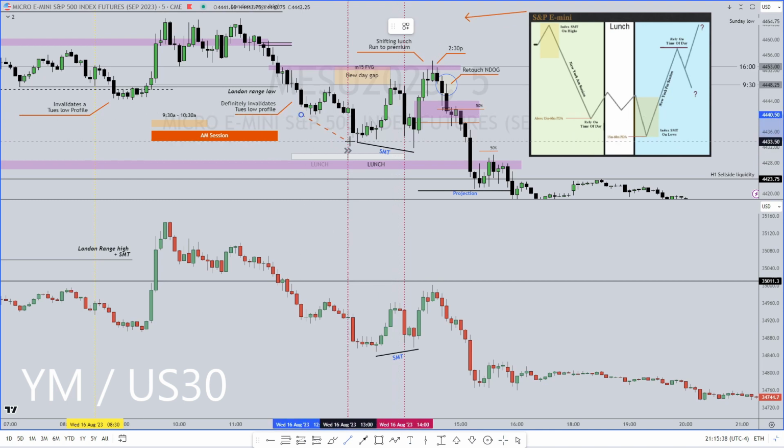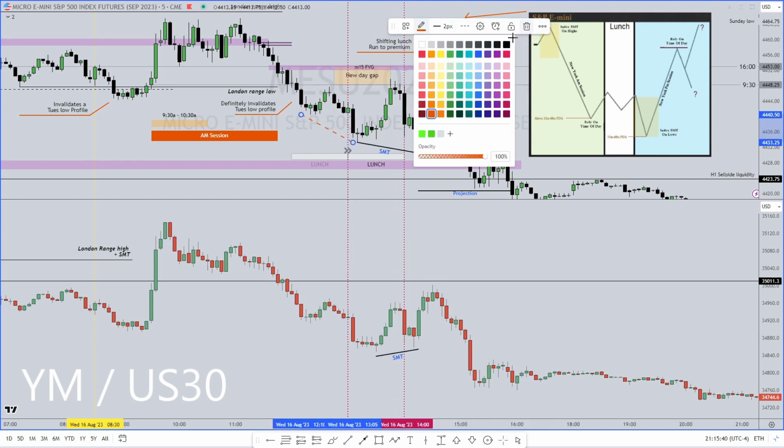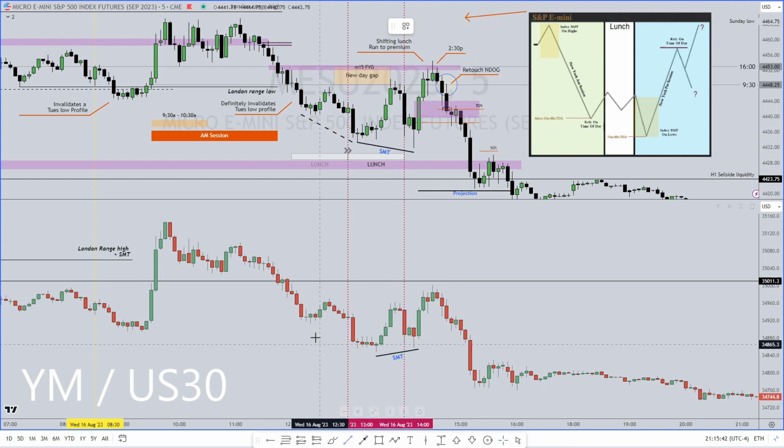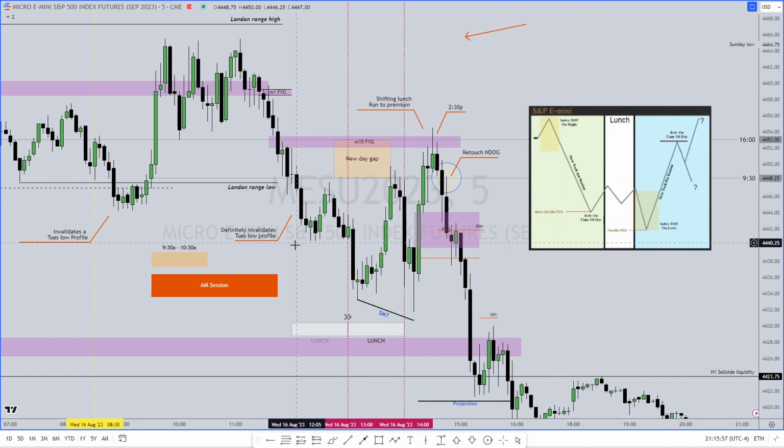If we had taken the previous hour, there would be no SMT on the lows. So I'm holding firm to this. I think as much as it might be controversial, on an FOMC day or any 2 p.m. news event day, lunch will shift and it won't be a macro between 12 and 1, but a macro between 1 and 2.